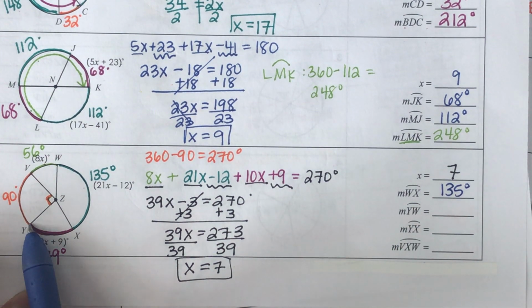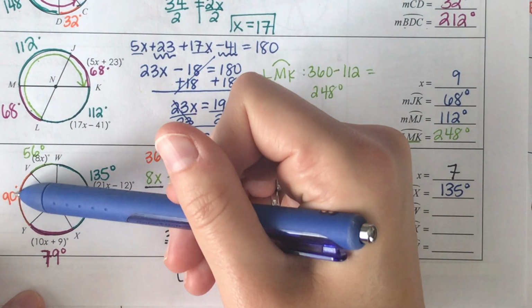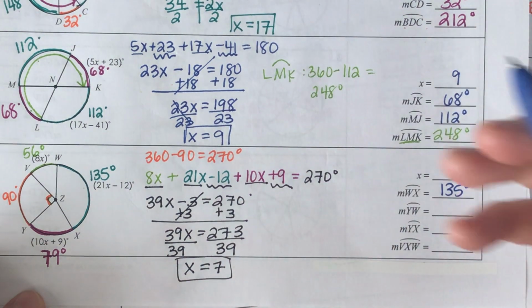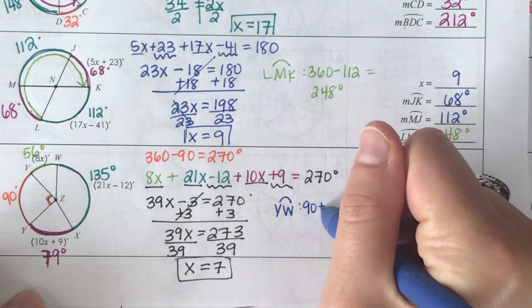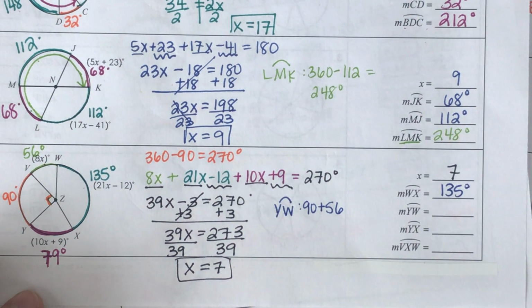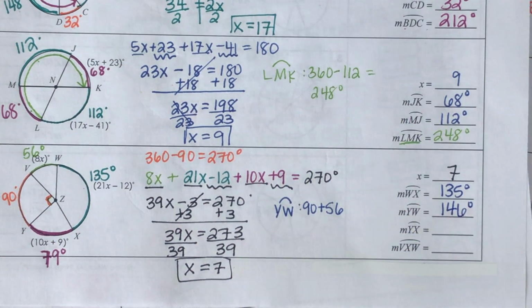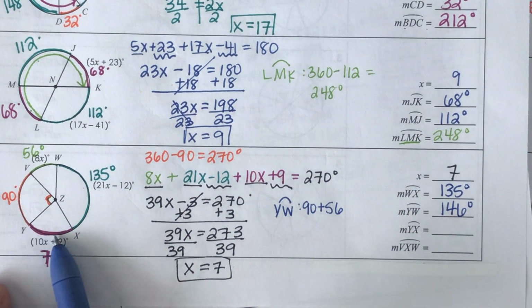YW is going to be from Y to W, so it's got 90 plus 56. And that gives me 146. Okay. Y to X is just the purple piece. I already figured that out.